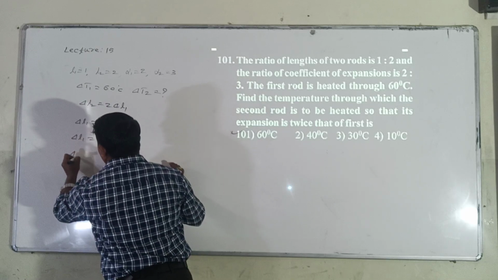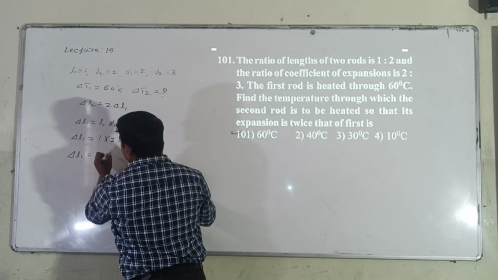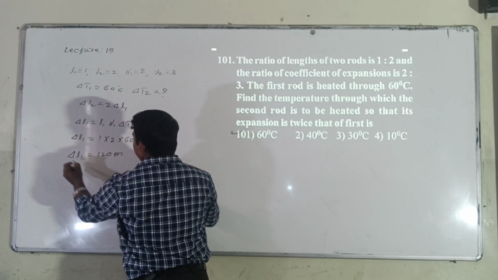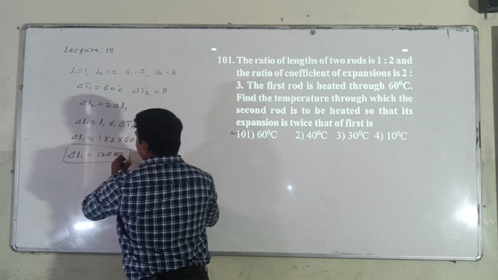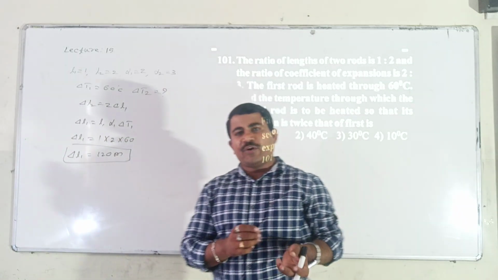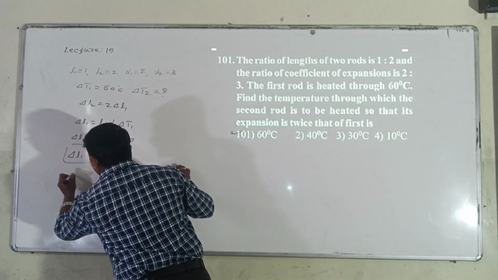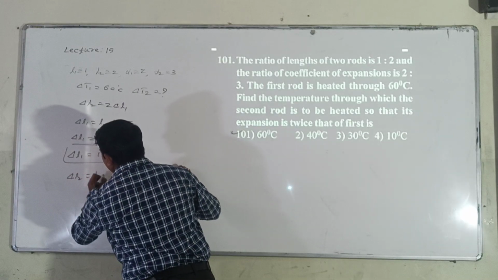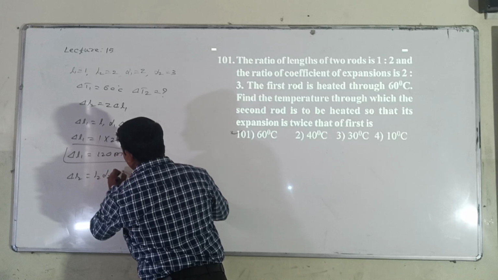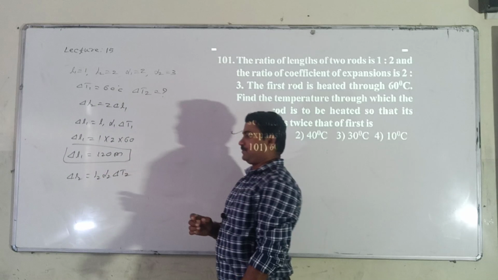Then del L1 is equal to 120 meter. Now del L2, the change in length of the second rod, is L2 alpha 2 into delta T2.